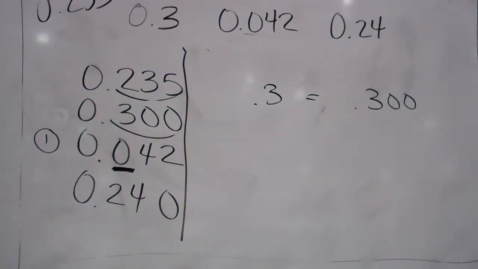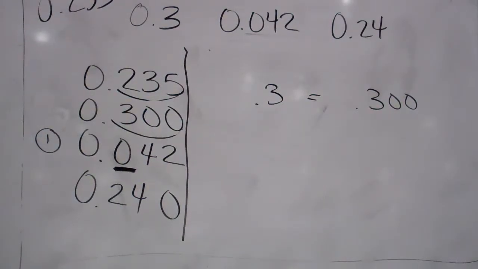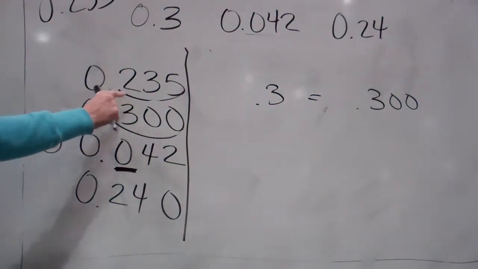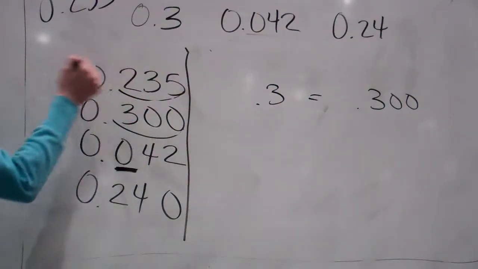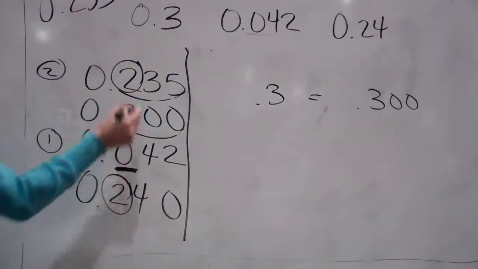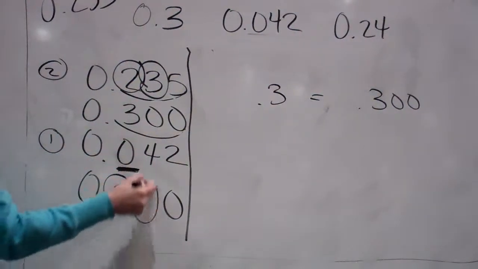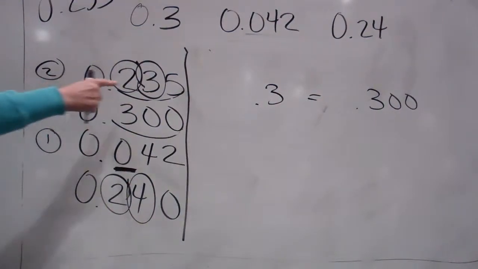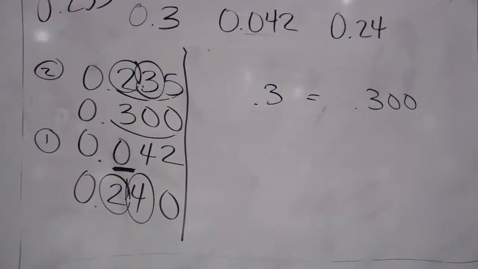My next one is this. Nicholas. 235 thousandths. Yes. So everybody see that we have a 2 here and a 2 here, but we have a 3 here and a 4 here. Obviously the 3 is smaller than the 4. So what's my third one going to be?